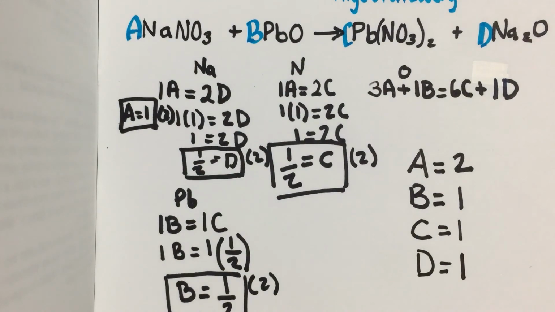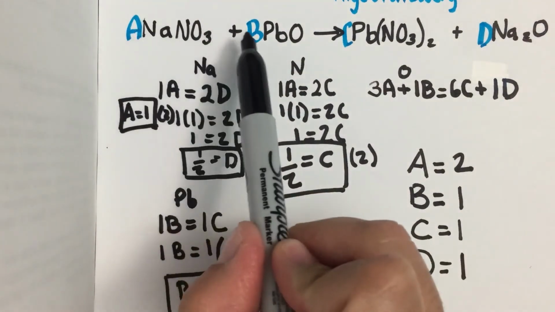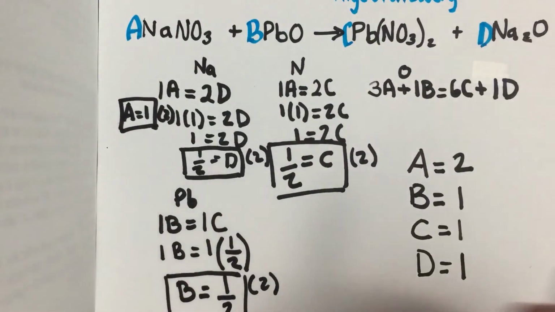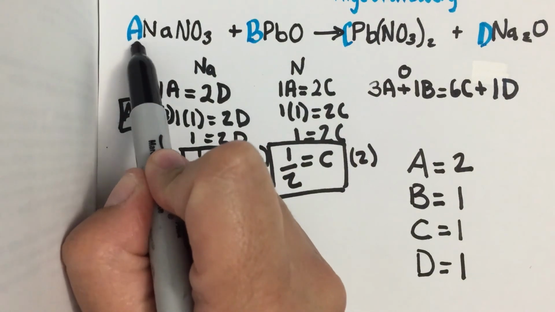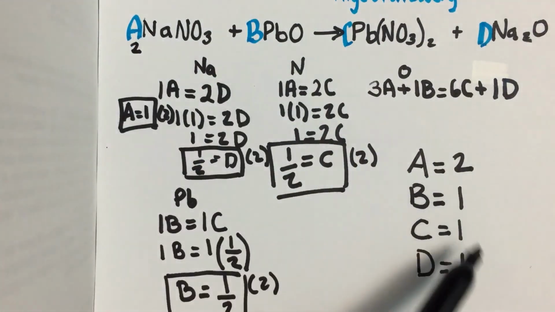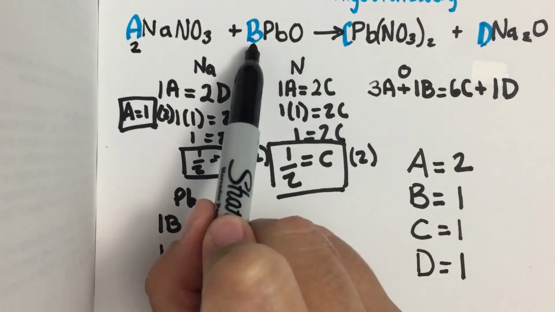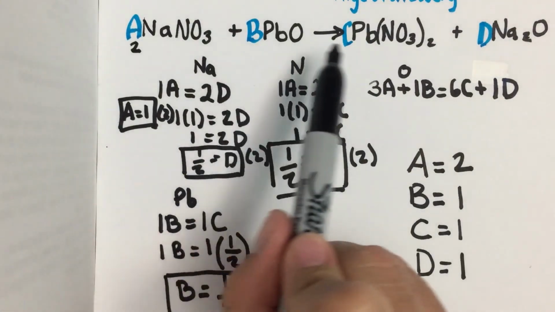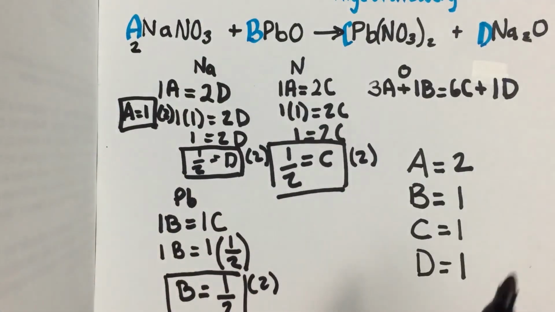All we have left is to substitute each of our variables into our coefficients. So A would be 2, and since we don't have to write the ones, for 1 you just keep it B without the B, C, and the D.